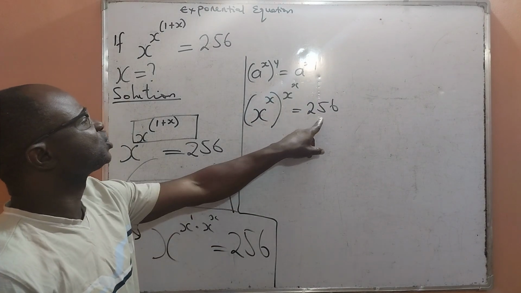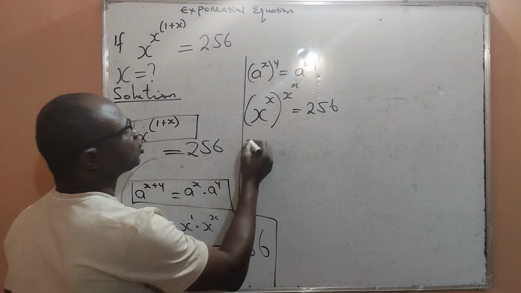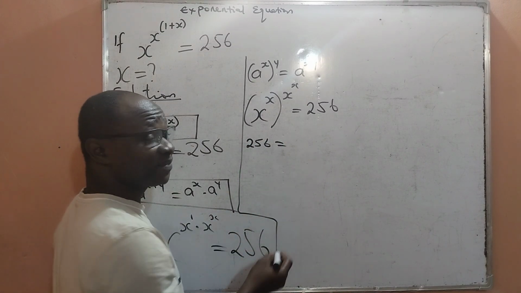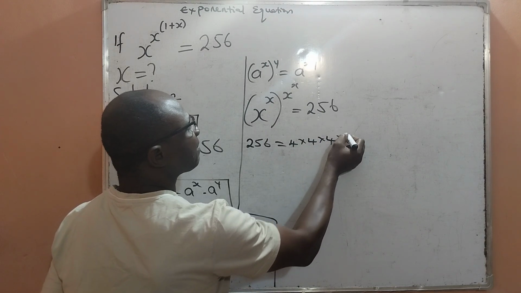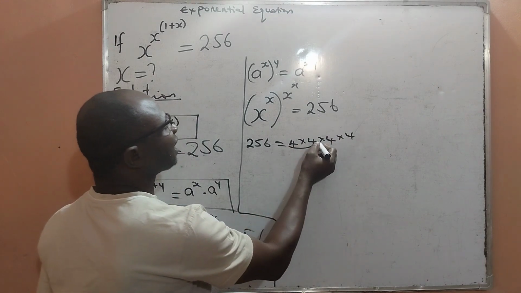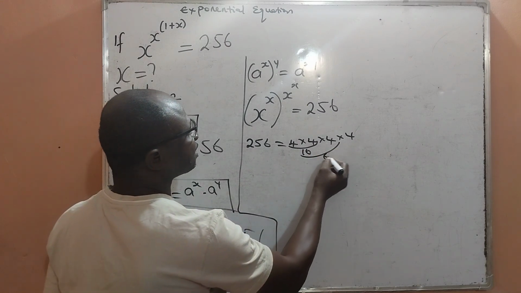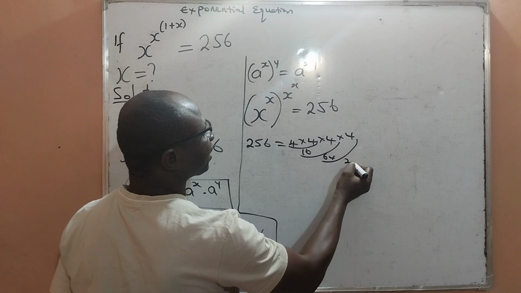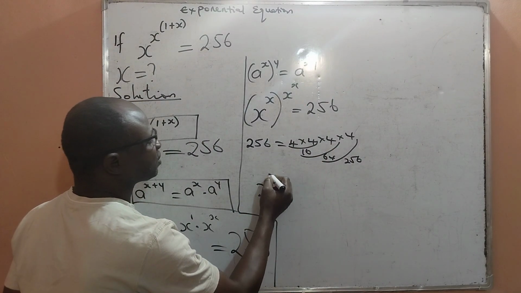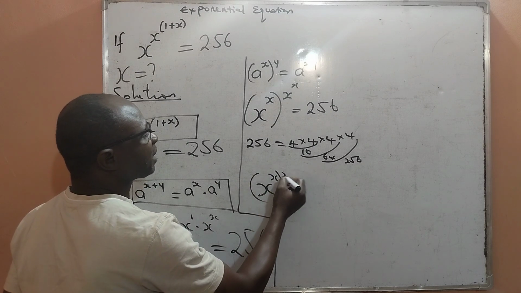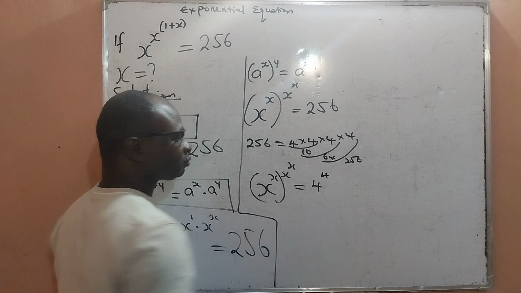So I want to put this 256 in that same form. 256 is the same as 4 multiplied by 4 multiplied by 4 multiplied by 4, because 4 times 4 is 16, 16 times 4 is 64, and 64 times 4 will give me 256. So I can write this as x raised to the power x, all to the power of x raised to the power x, is equal to 4 raised to the power 4.